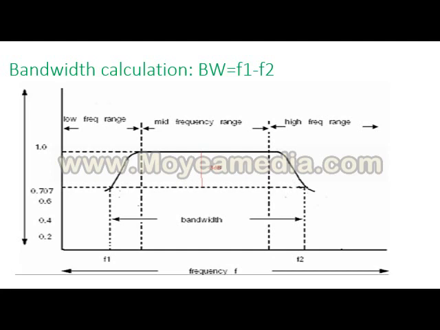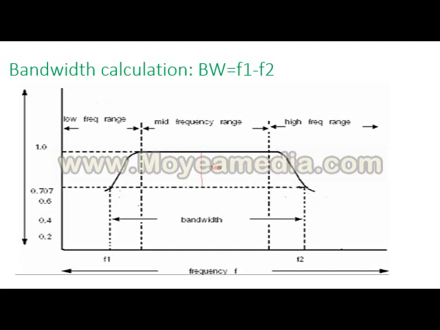Now we need to discuss what is the significance of this 3 dB, why we are taking the equation 20 log Vo divided by Vin, and what is the significance of 0.707. Another name for the 3 dB point is half power point.